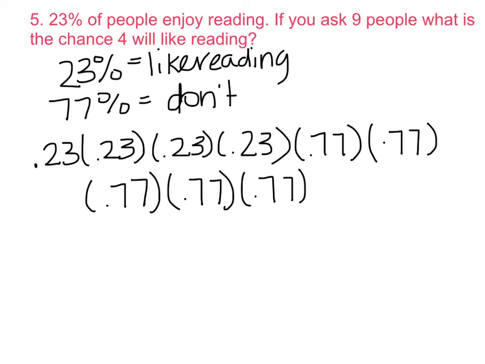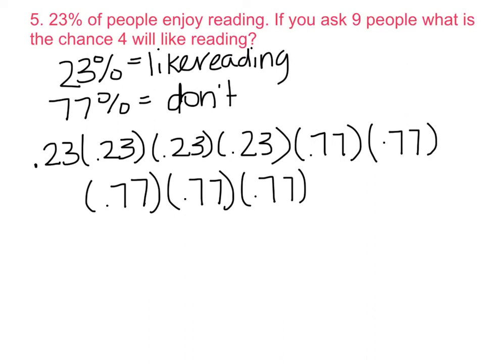And then we're just going to multiply that right along. So 0.23 times 0.23 times 0.23 times 0.23 for the 4 people who do like reading, times 0.77, 0.77, 0.77, 0.77, 0.77 for the 5 people who do not like reading.